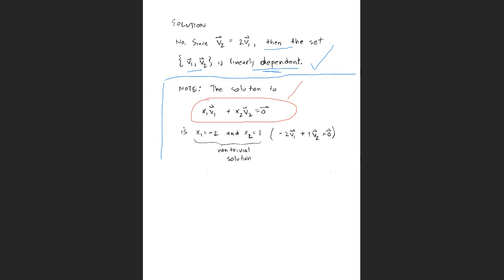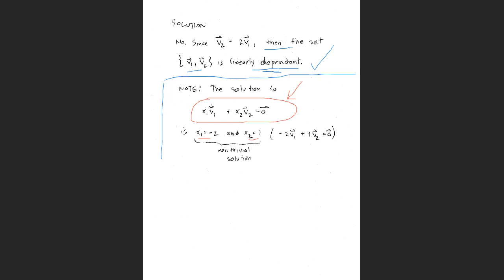What kind of equation is that called in linear algebra? That's right, Benjamin. That's a vector equation. The solution to the vector equation, and when I say solution, I mean x1 and x2, is non-trivial. x1 equals -2 and x2 equals 1.